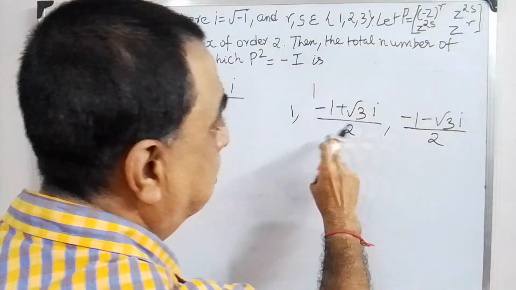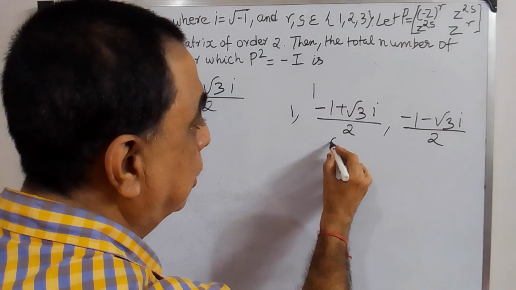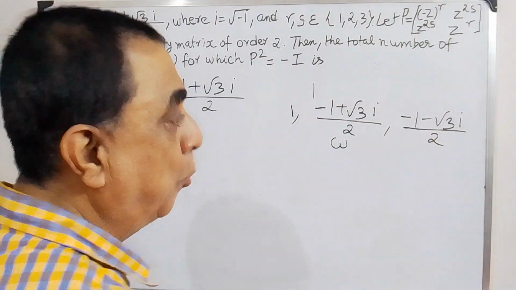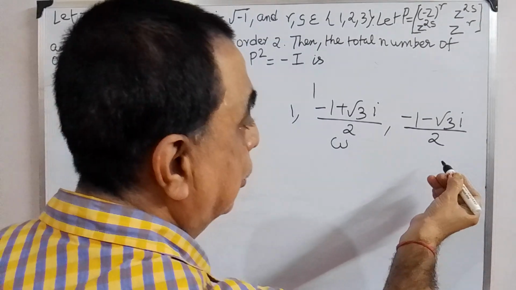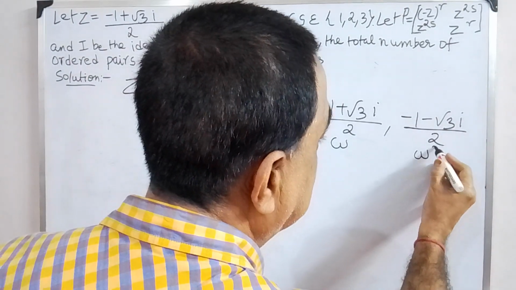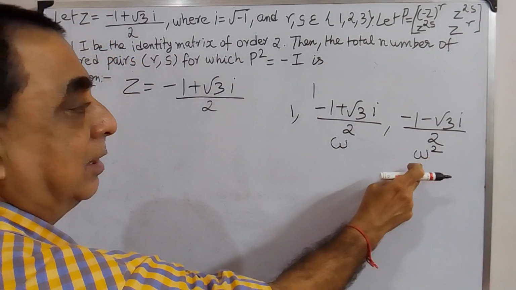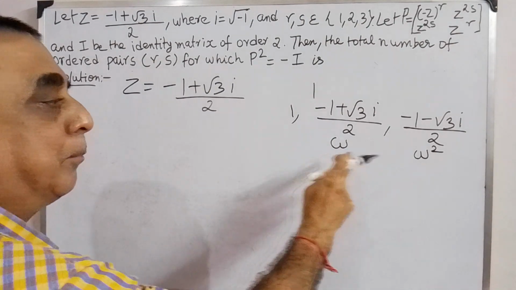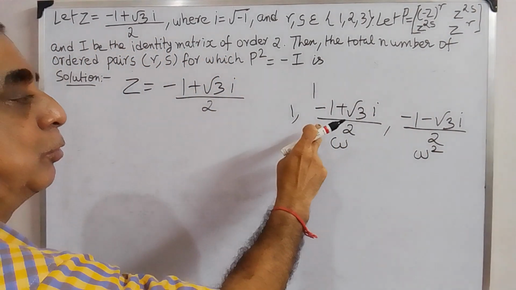Of these 2 complex roots, generally we denote one complex cube root with omega, and then the other complex cube root of unity will be omega squared. This will be the square of this, and if we denote this as omega, then this will be omega squared.